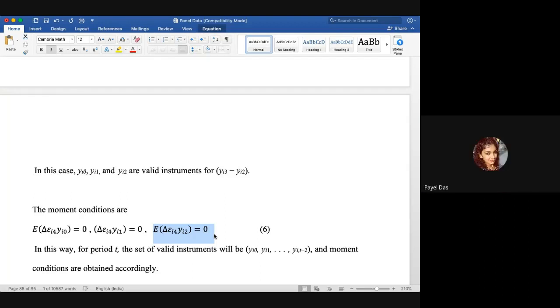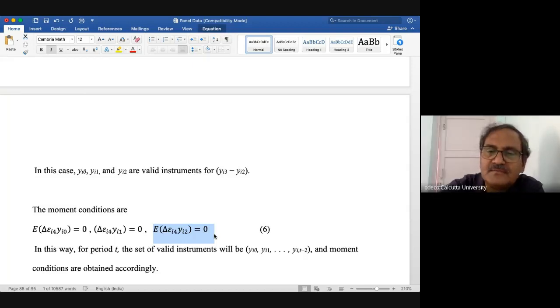T minus 1. So the valid instruments will be yi0, yi1 up to yi t minus 2. So for t, you can get t minus 1 moment conditions.